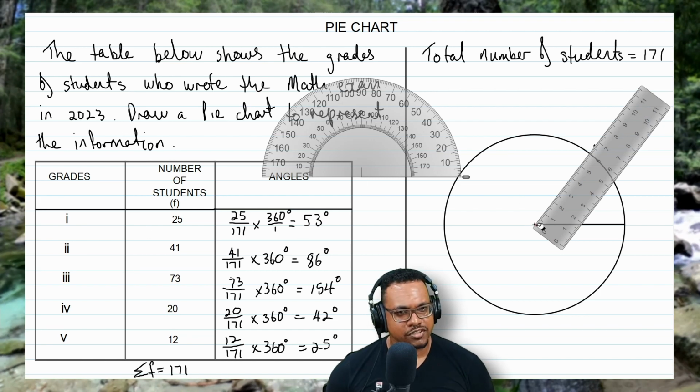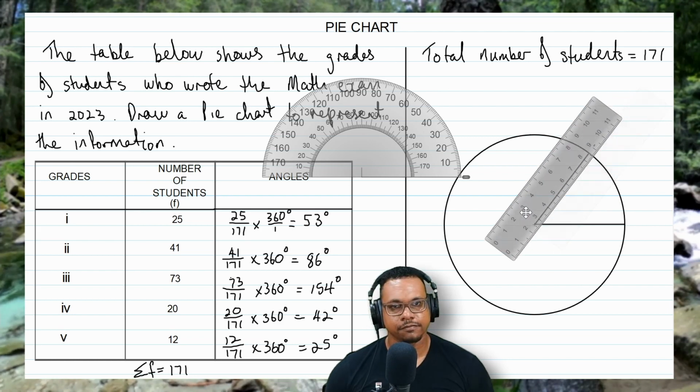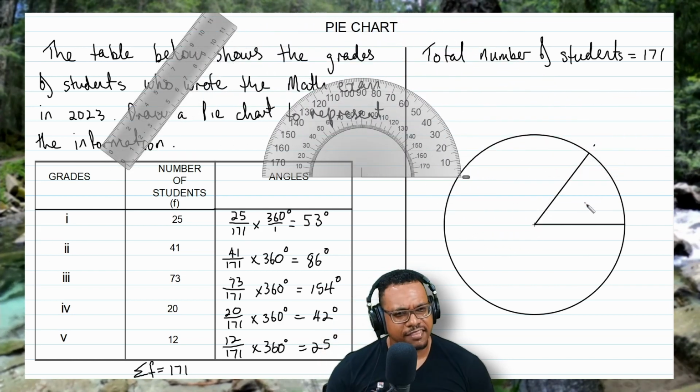And what we do is draw a straight line to touch the circumference of the circle. We don't go past the circumference. Yes, I know the dot is quite out here, but we just want to line it up. And this would be our first slice of the pie chart to represent grade 1s. I just put a little label inside of here that this is grade 1.